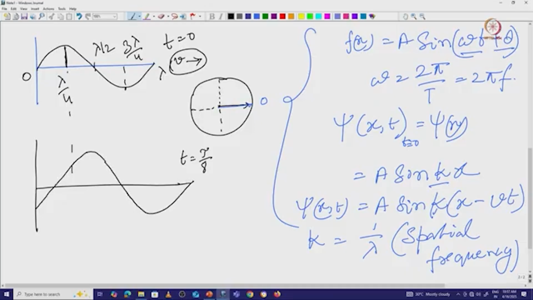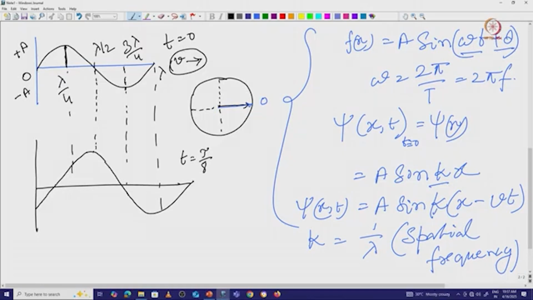Now if you see, the maximum amplitude, if we consider this plus a and this minus a, the highest plus amplitude is now shifted here. You can see it is shifted somewhere here, and the negative maximum amplitude is also shifted in this direction.